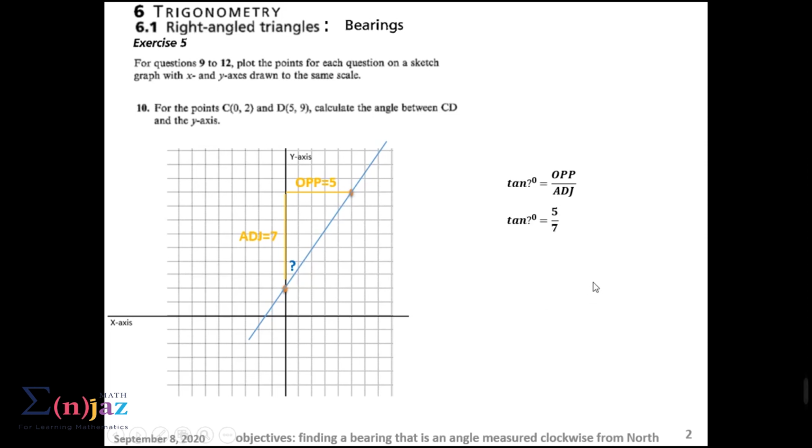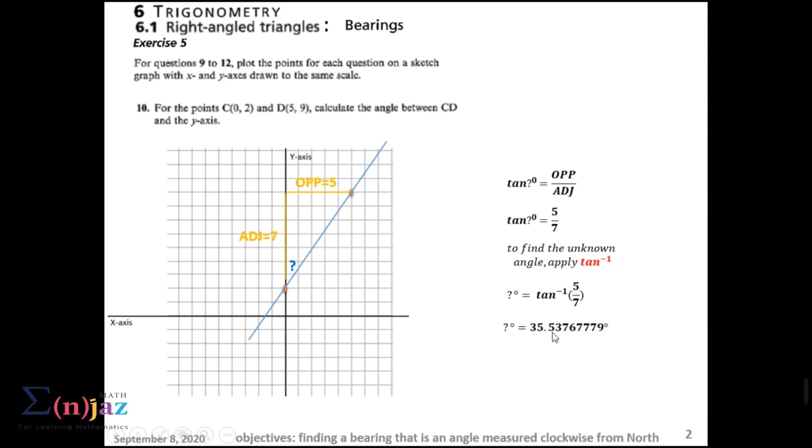We want to find the unknown angle, so we're going to apply tan inverse on each side. So tan inverse of 5/7. This is ready to be inserted in the calculator. And if we insert this in the calculator, we're going to find the unknown angle as 35.5.